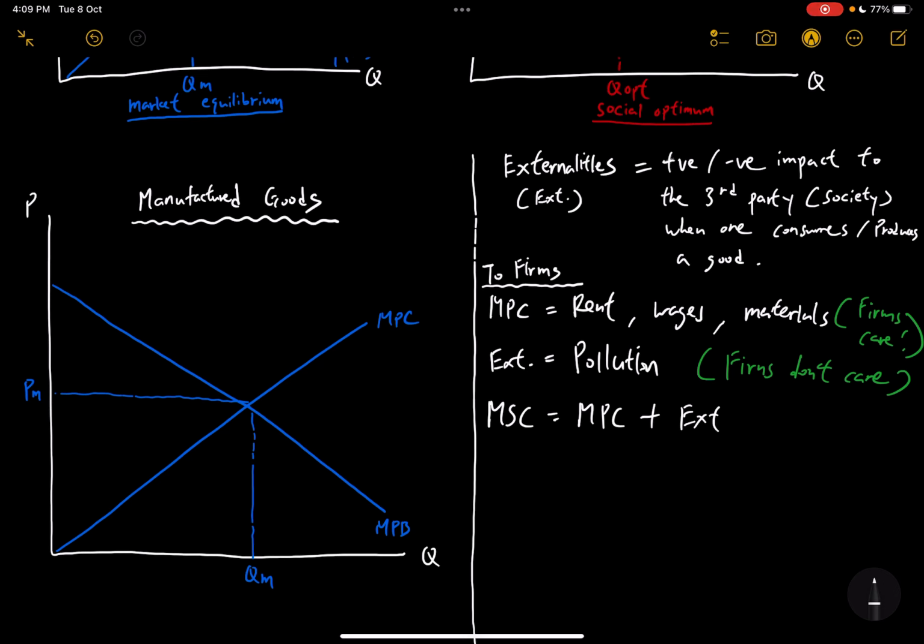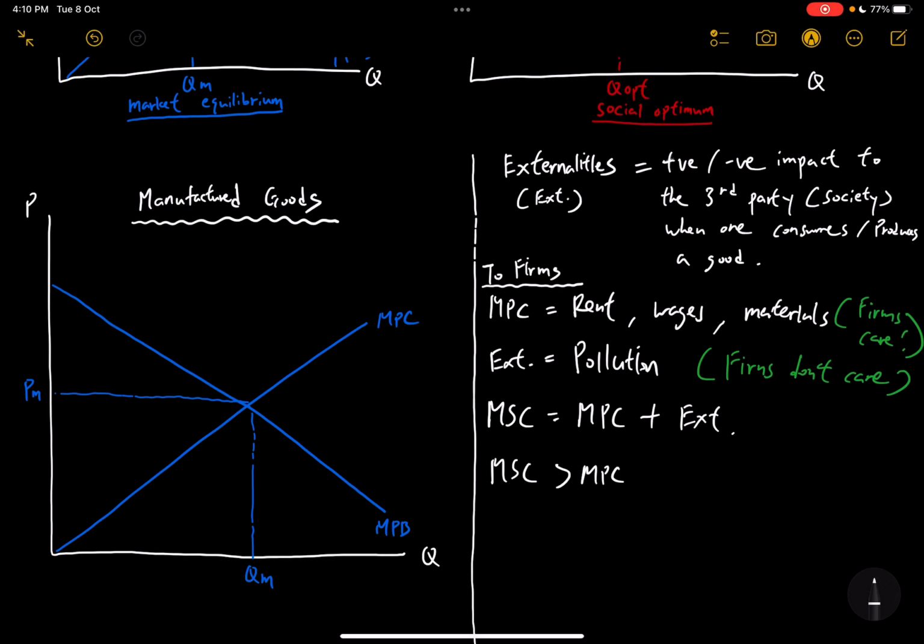So you would be able to find the cost to the society. Firms do care about the private cost, but they don't really care about the impact to the society, which is the externality. That is the reason why, if you compare the MSC and MPC, MSC should be bigger than MPC, because for the social cost, we also concern about the impact to other people, instead of just the firms themselves.